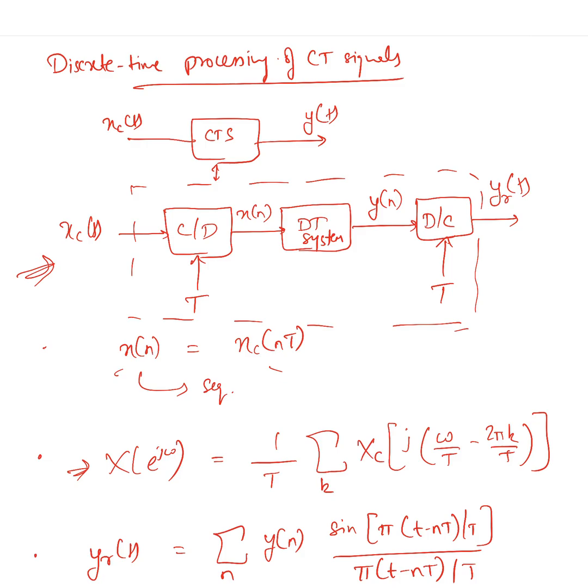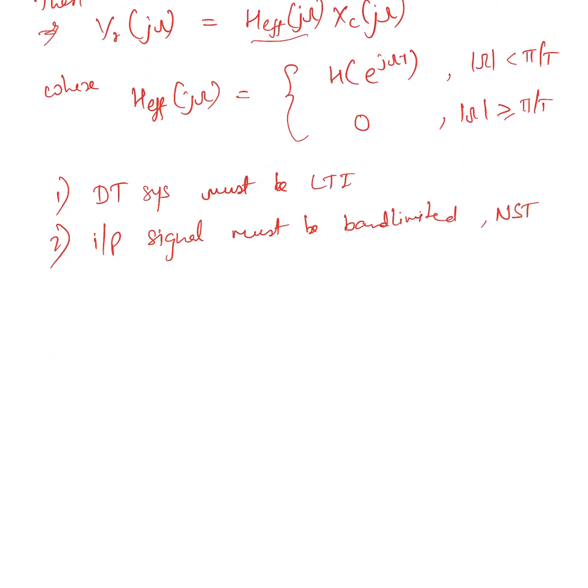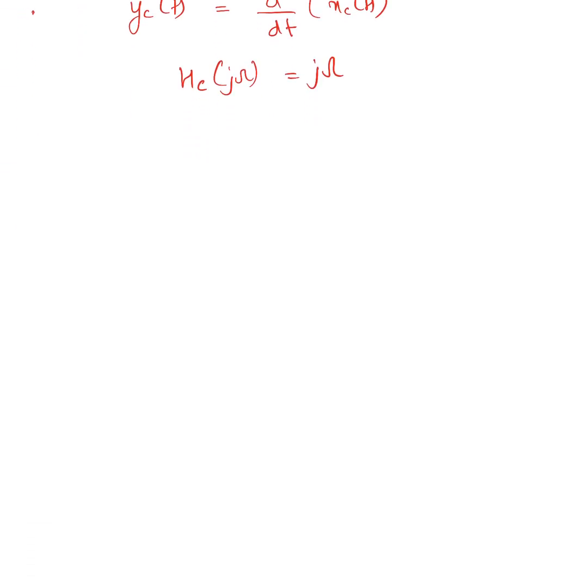Now for processing the band limited signal, it is sufficient to define your effective frequency response H effective of j omega as j omega, which is equal to Hc of j omega, again for mod omega less than pi by T, and 0 for mod omega greater than or equal to pi by T.